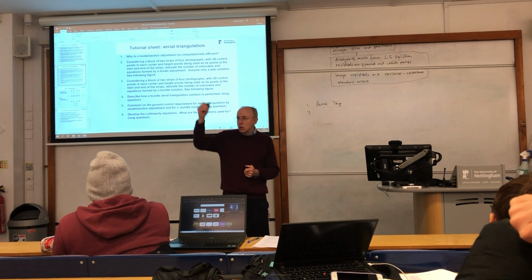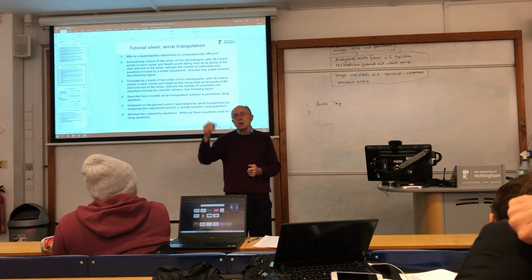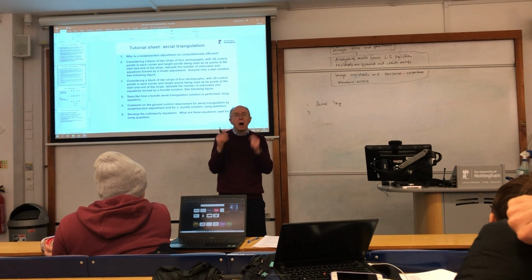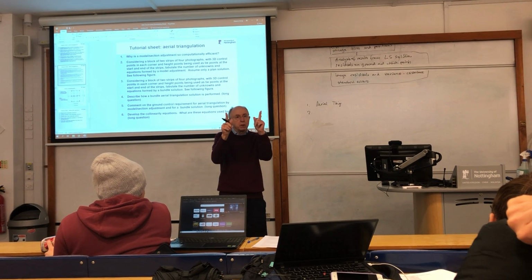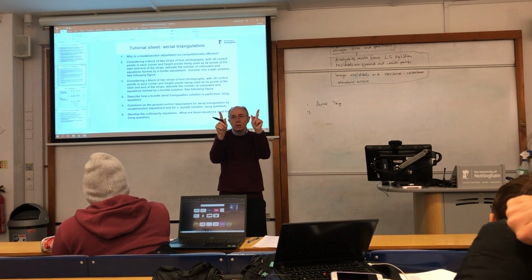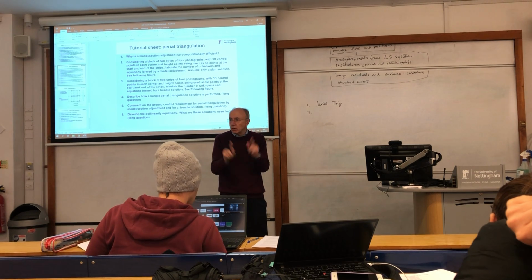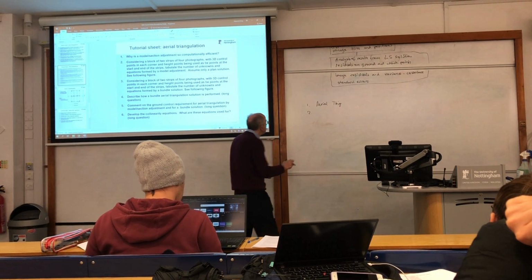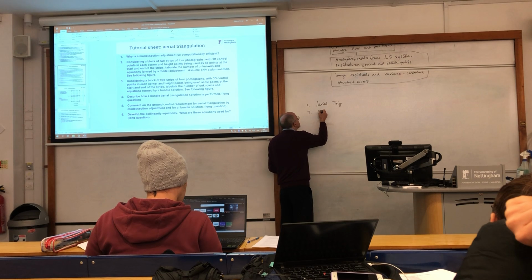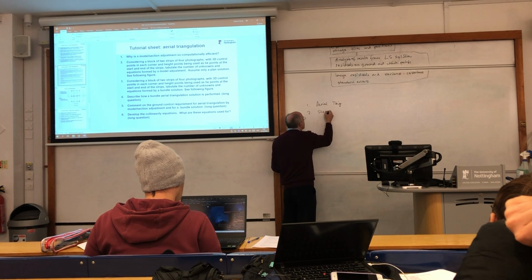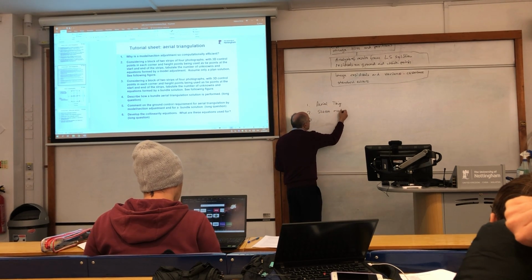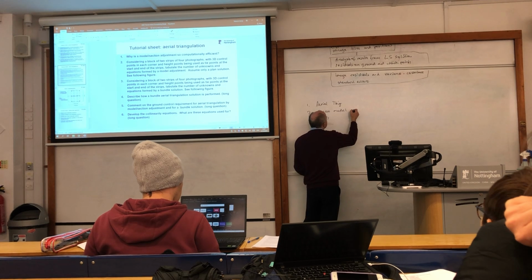So the collinearity equations are continuously being solved, but only for one point in the stereo model. So it can be used for stereo model viewing.